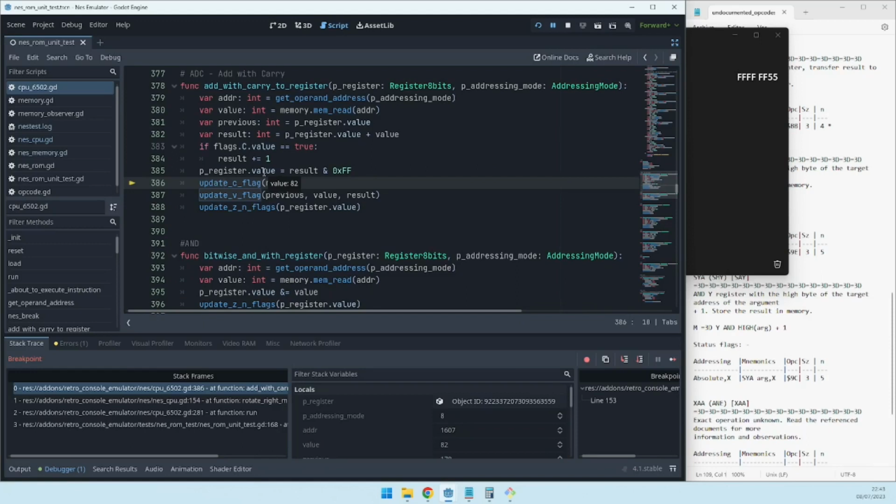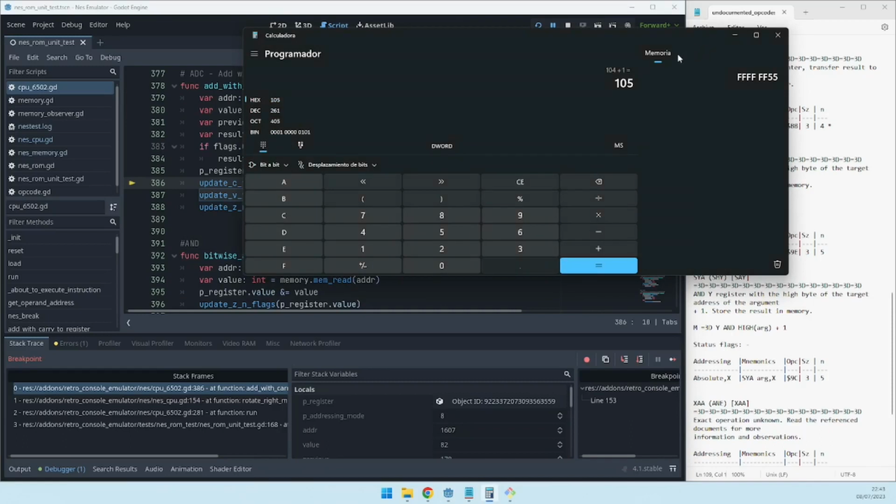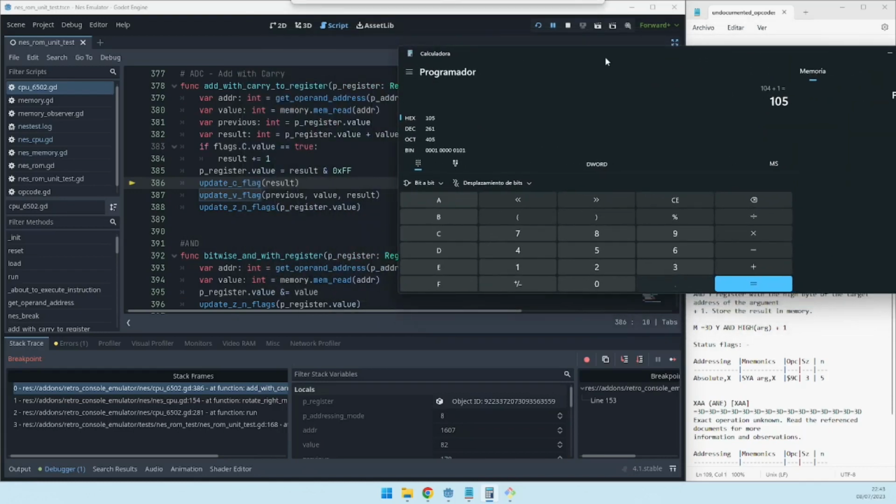Wait a second. Is that so? I did something wrong. 261. 261 is 105. Why is the value of the register 82?